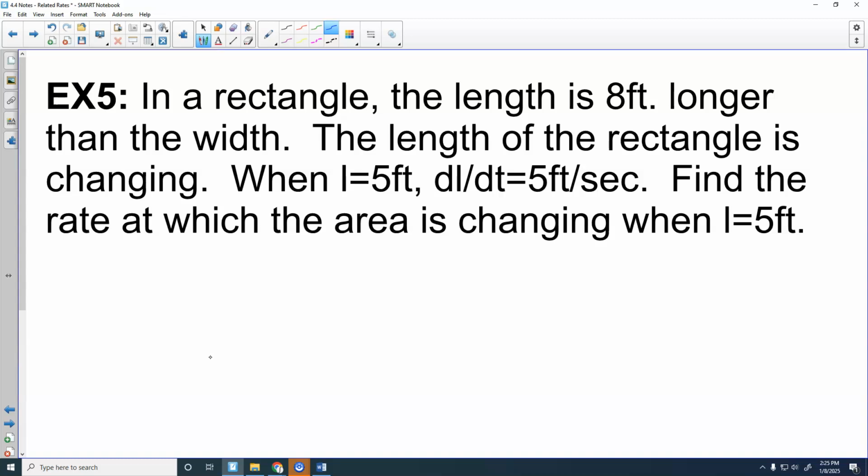So we've got a rectangle, and the length is 8 feet longer than the width. So in our rectangle, we've got length and width, and we know that the length is 8 feet longer than the width, so the width plus 8 right here.